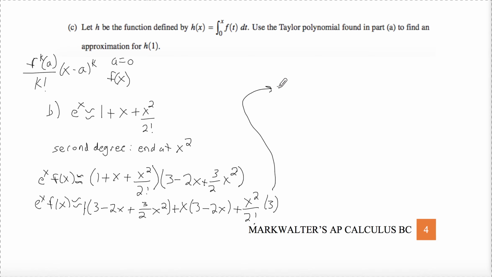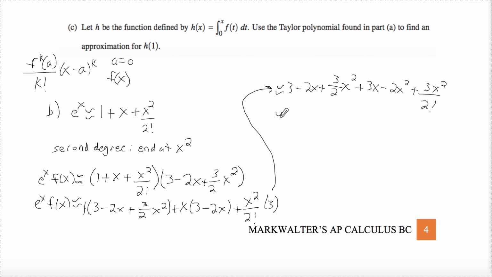All right, so we can clean this stuff up a little bit. This is going to be 3 minus 2x plus 3 over 2 x squared plus 3x minus 2x squared plus 3x squared over 2 factorial, right? Let's combine some like terms. We have 3.